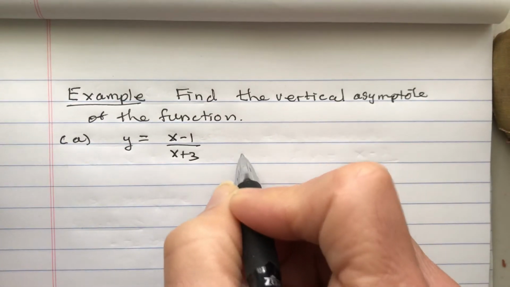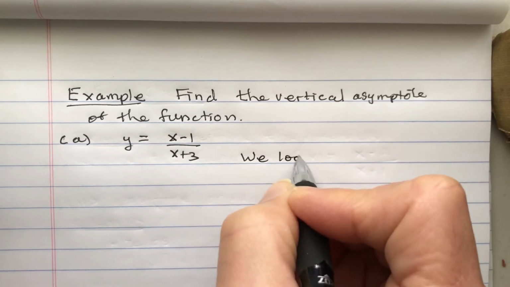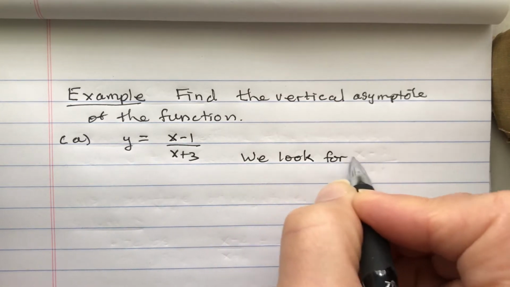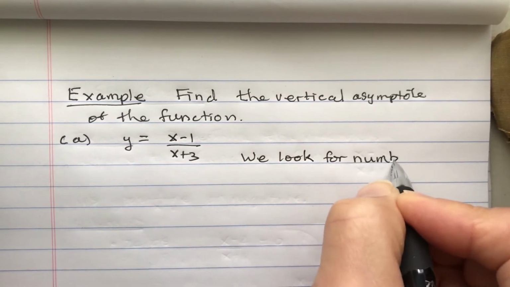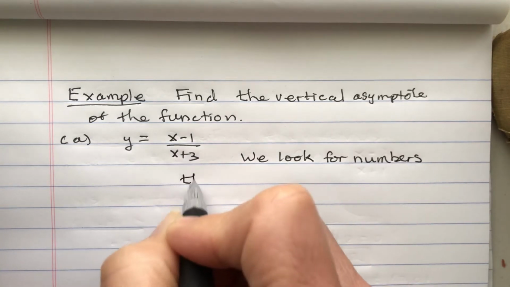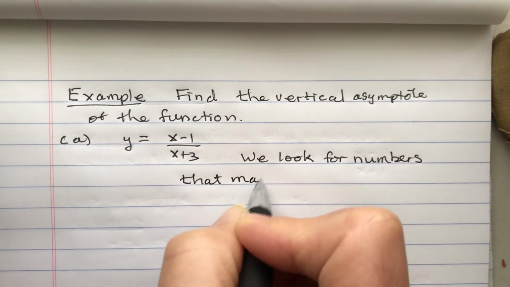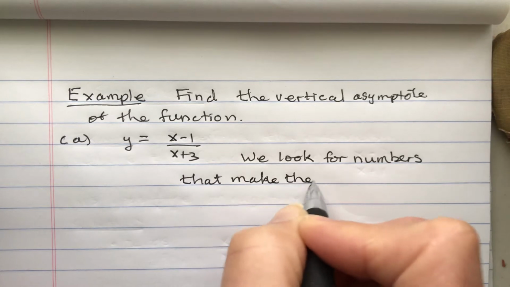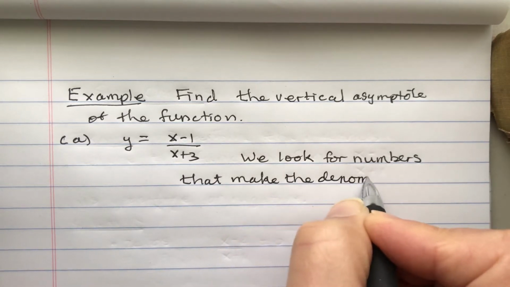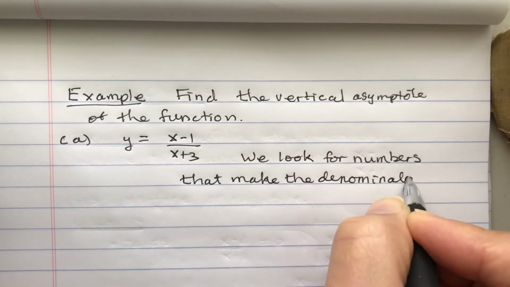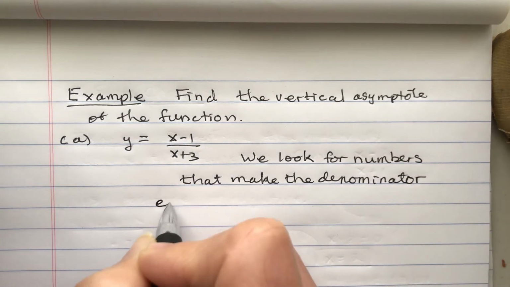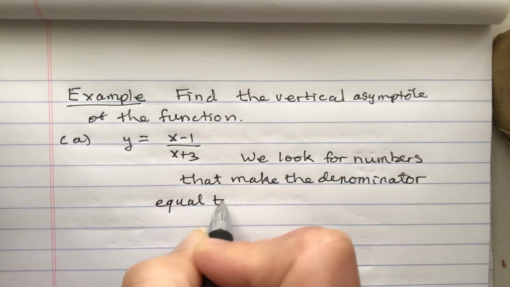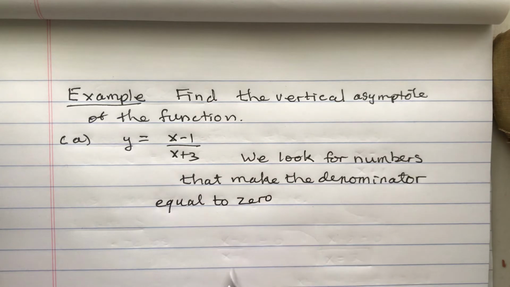So what we do is we look for numbers that make the denominator 0. Why?